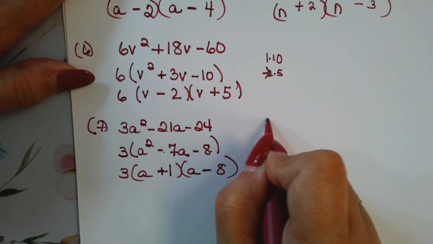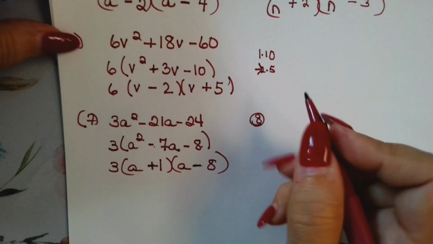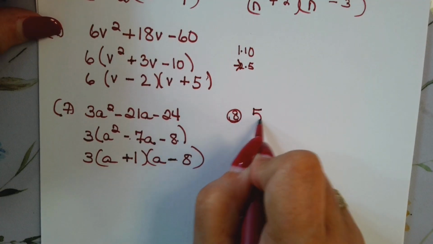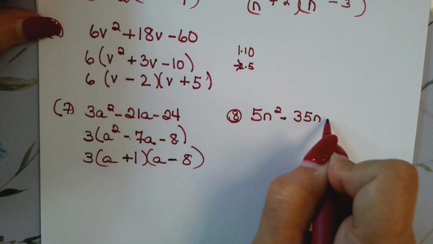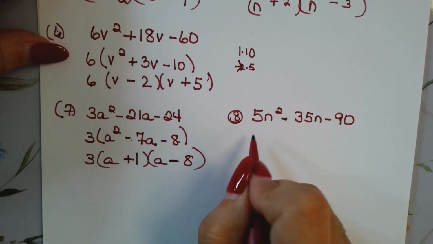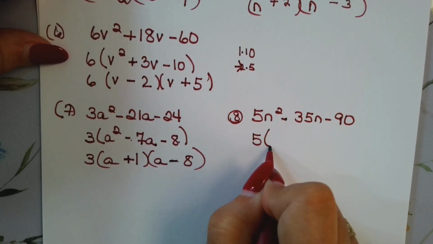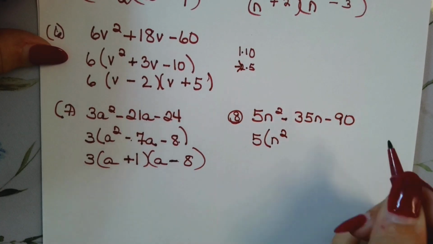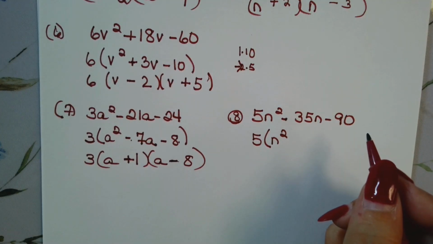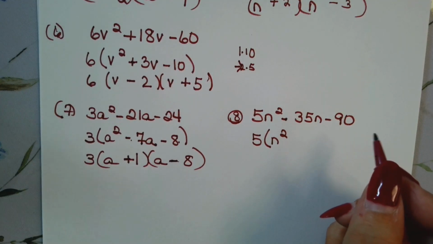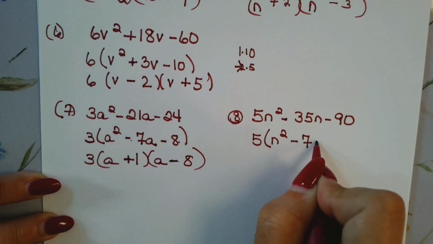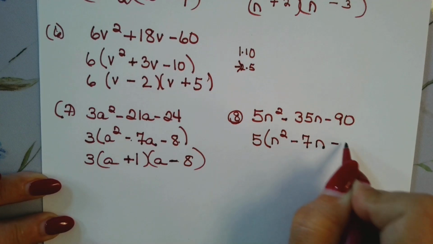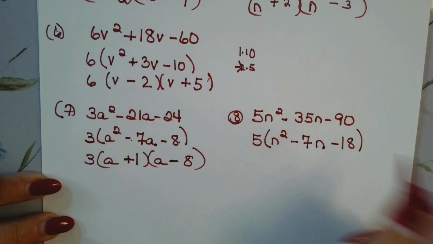Number 8, we have 5n squared minus 35n minus 90. Again, greatest common factor you're going to pull out is a 5. This is going to give you n squared minus 7n minus 18.